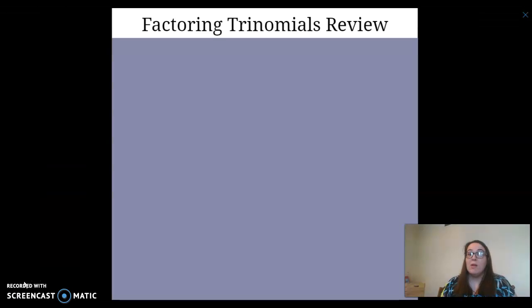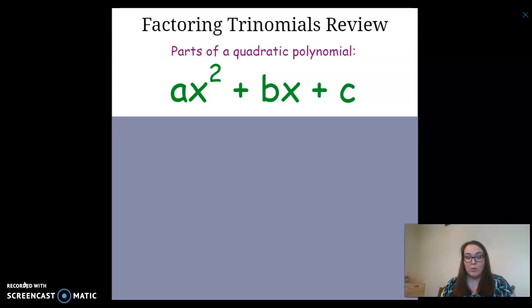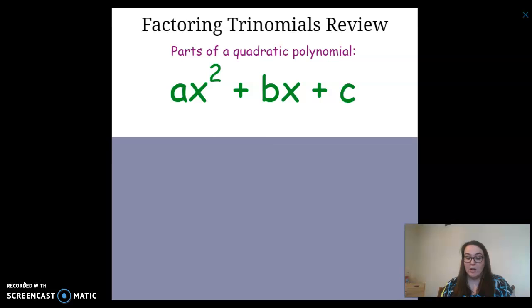Just a reminder, you have written this page down, but if you need to pause it and take your time to write it down, that's fine. I'm going to talk through it semi-quickly here. Remember, factoring a trinomial: when I talk about the values of A, B, and C, A is the coefficient of x squared.